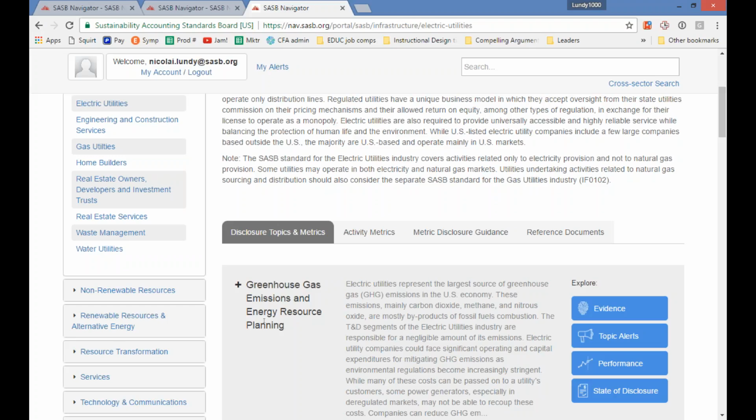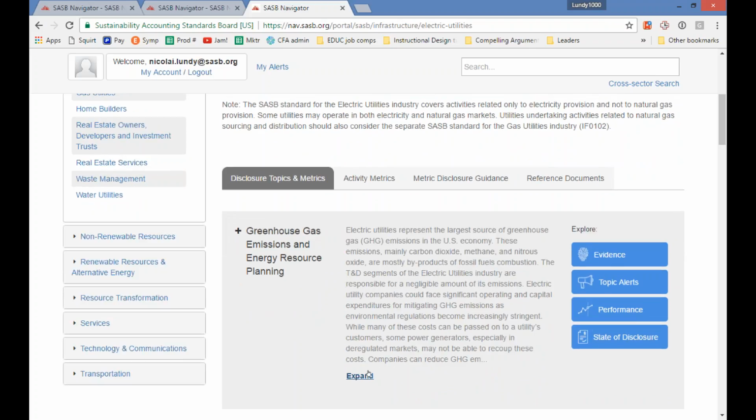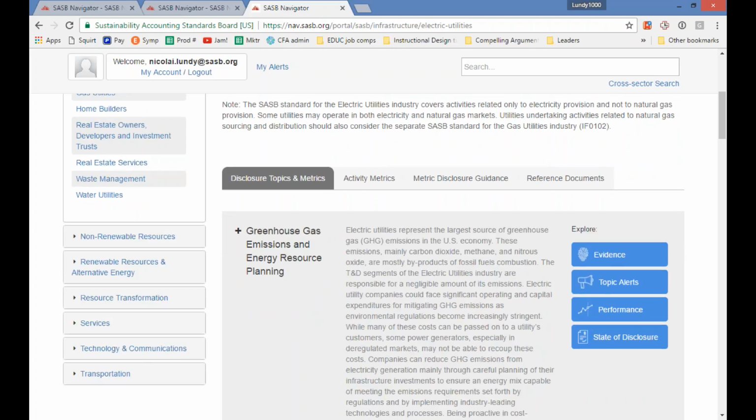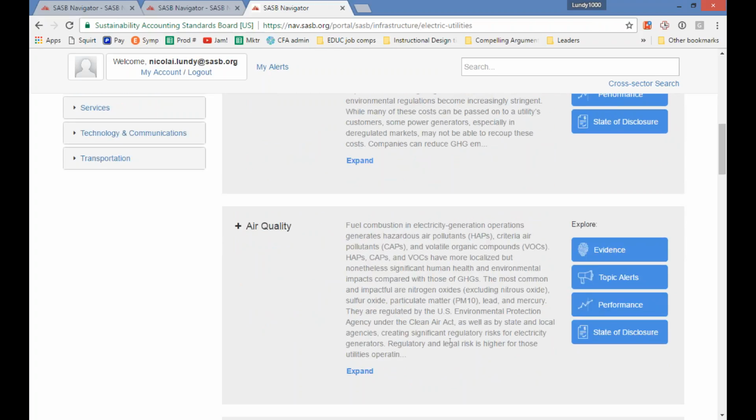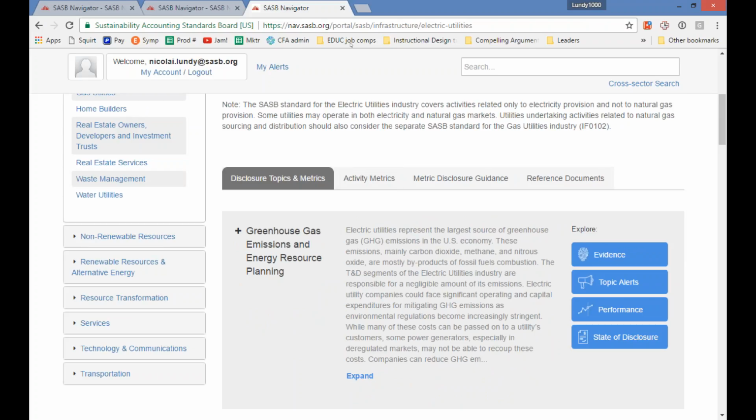And so you can quickly scroll through, see what the topics are, and read a little bit more about what is captured by that information and an initial overview of the justification for why it surfaced to the level of materiality.